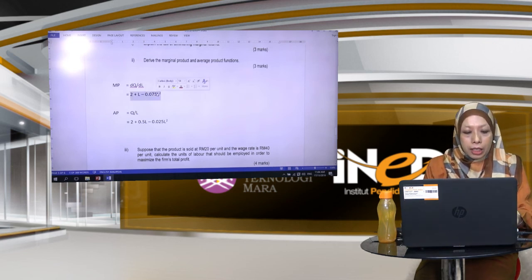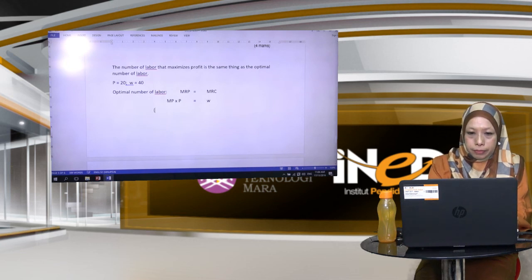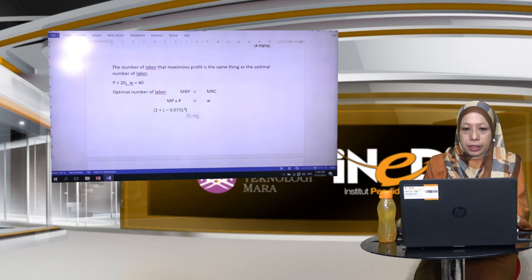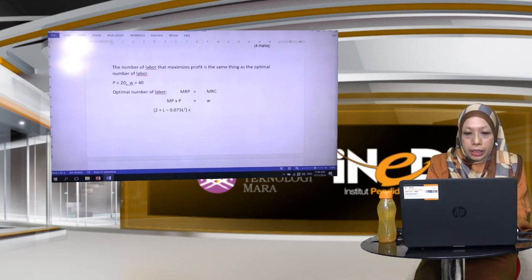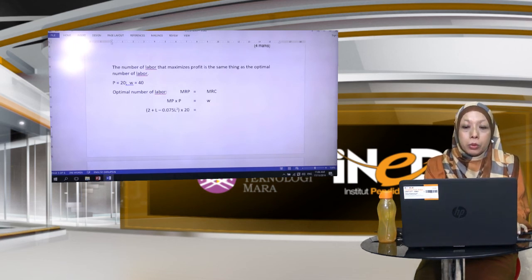So we're going to substitute that in. That's your marginal product function, which is 2 plus L minus 0.075 L squared, and you multiply it by the price, in this case 20. This must equal the wage rate, which is given as 40.